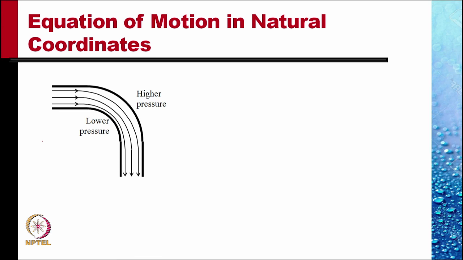Clearly there must be a pressure gradient in that direction: a higher pressure here and a lower pressure there. Only then would they provide the centripetal force for curving of the streamline.